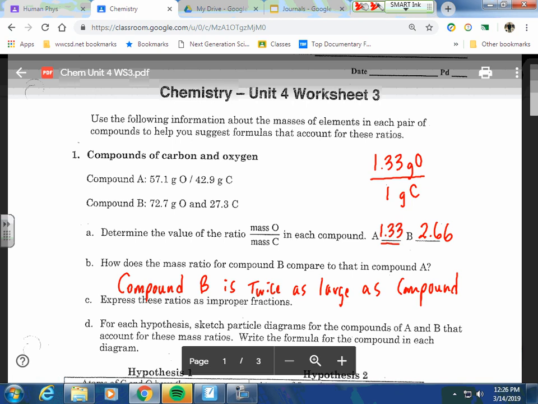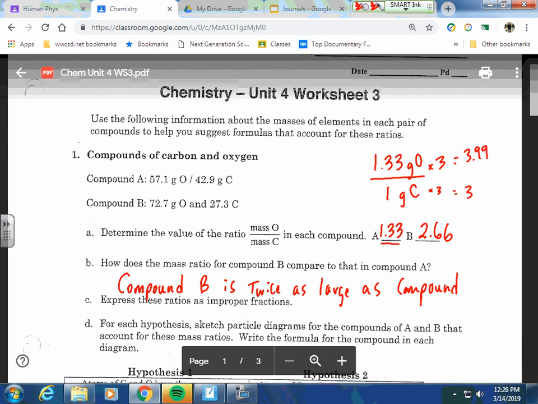What's 1.33 times 3? Sweet, I'll take it. If I multiply both those numbers by 3, it keeps the same ratio. But what happens now is this 1.33 is going to become 3.99, and this is going to become 3.